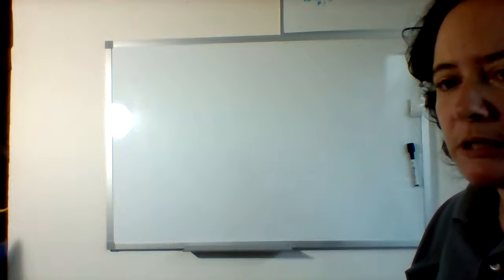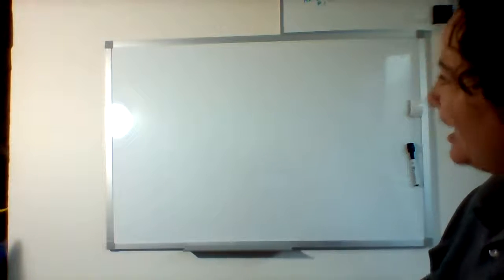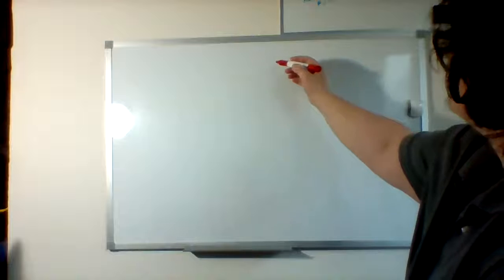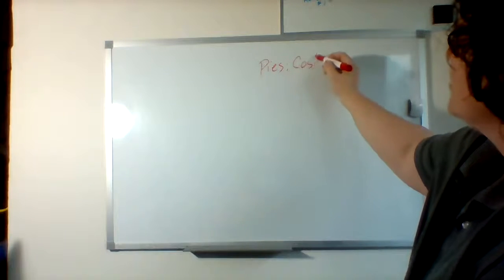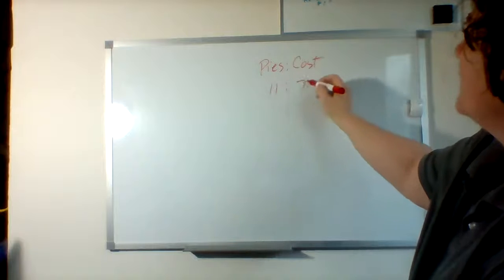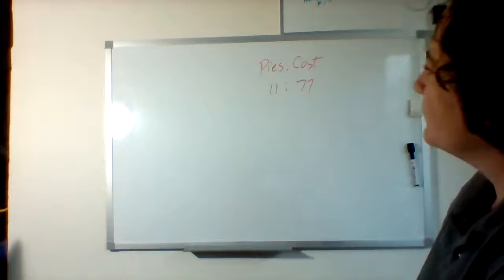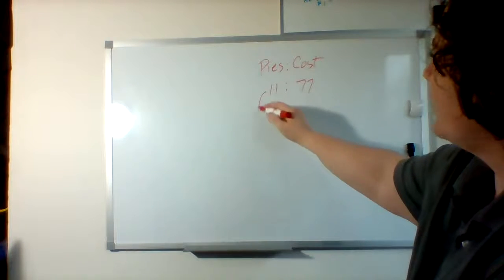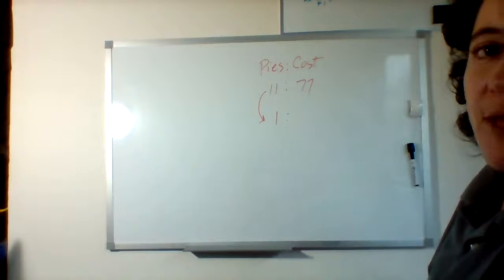Okay, Alana, you did 11 to 77. That's exact. Perfectly fine. So if I have my pies to the cost, I have 11 to 77. If you were not sure where to go from there, that's why I was hoping you'd set up the ratio, because if I'm interested in just one, then how do I get that?